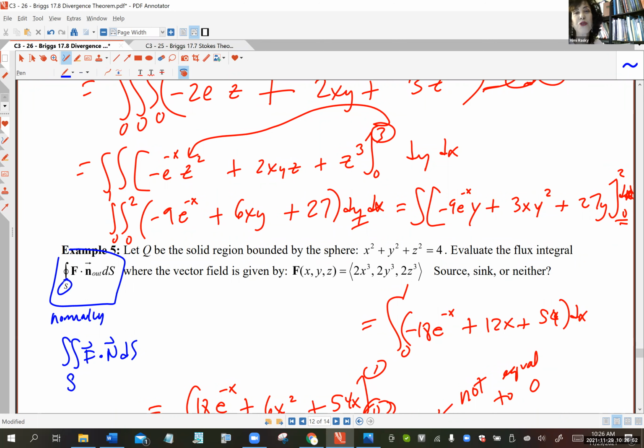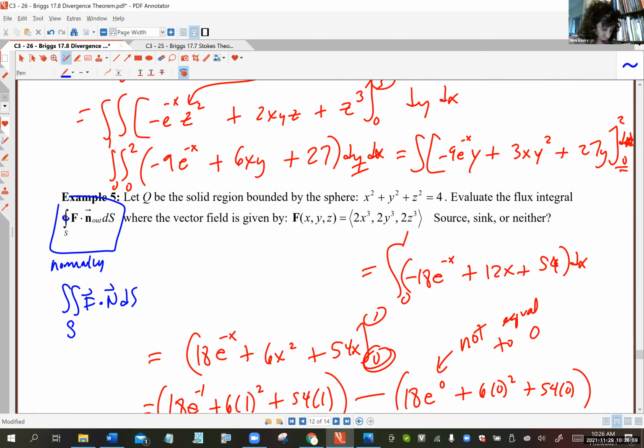So don't be fooled by this single integral symbol. The other extra that you'll see here is that circle around the symbol, which we've seen before when we studied Green's, remember? That meant a closed curve. Well, when you see it around this with an S, it means closed surface.